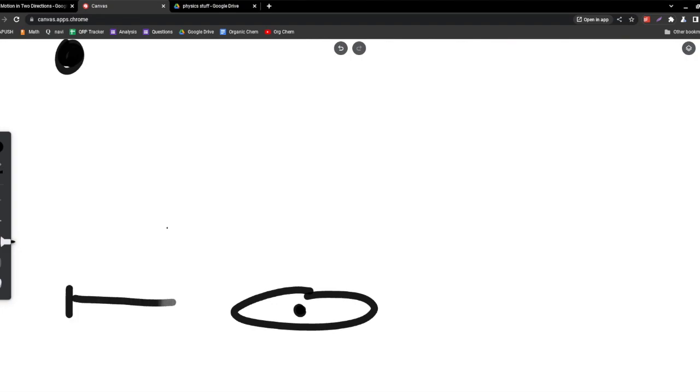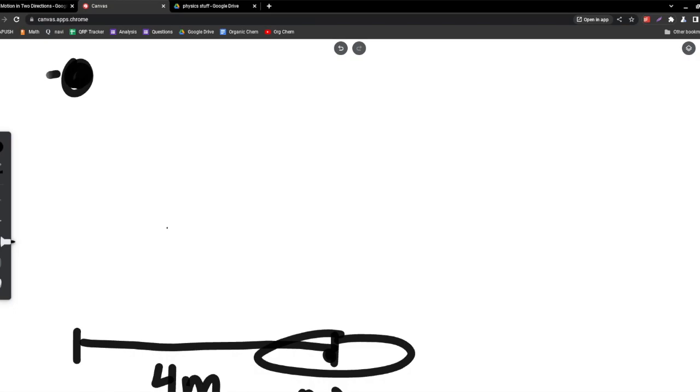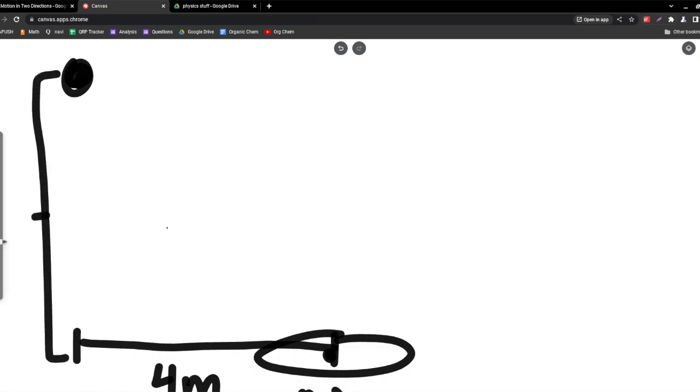So from here to here, we were told that there is 4 meters. And then this nest has a diameter of 30 centimeters, so it's 0.3 meters, and then 0.15 meters on both sides. And then we are given that the height over here is 12 meters.